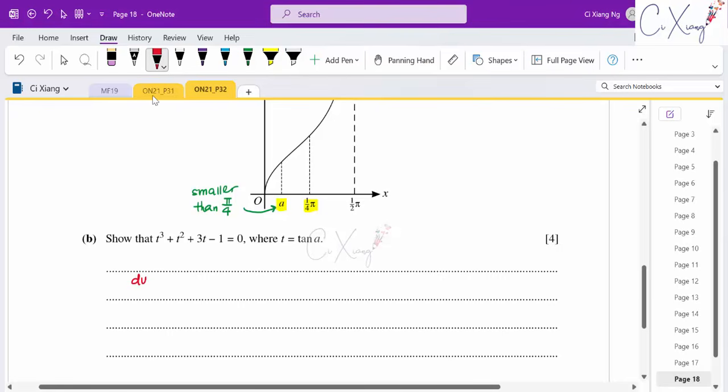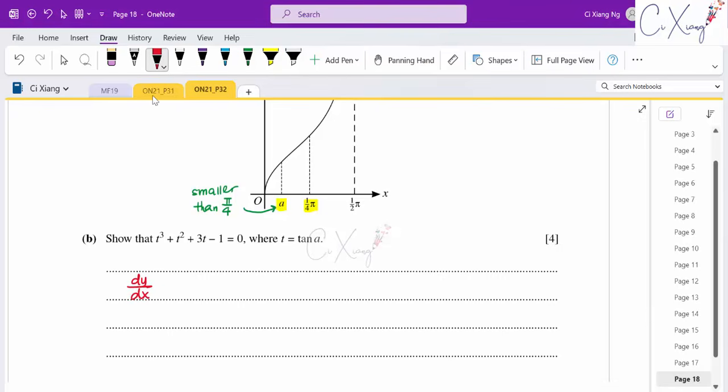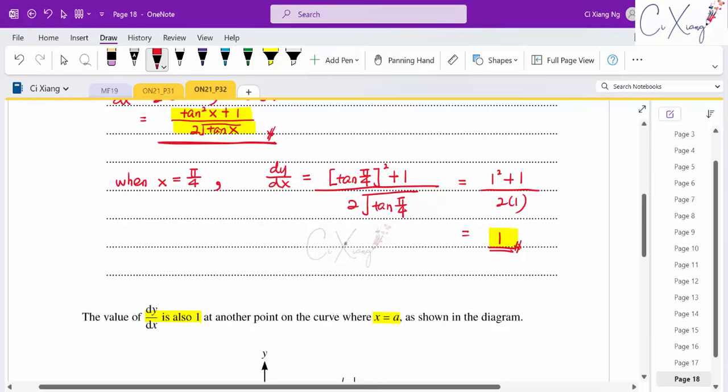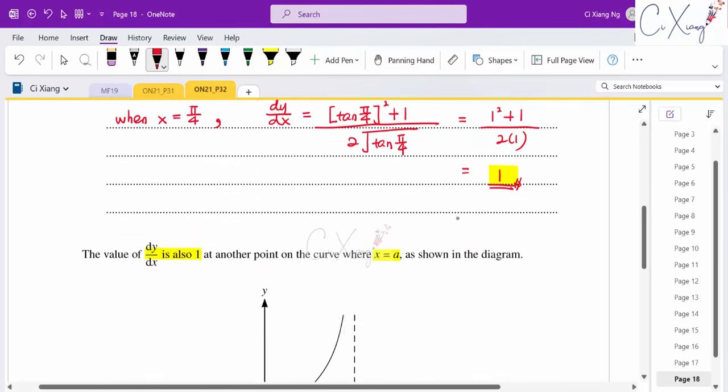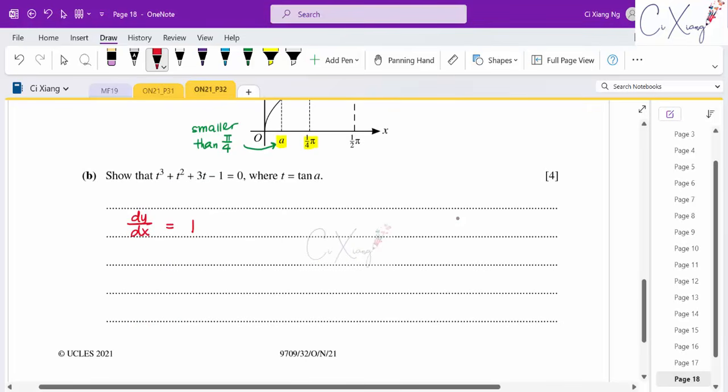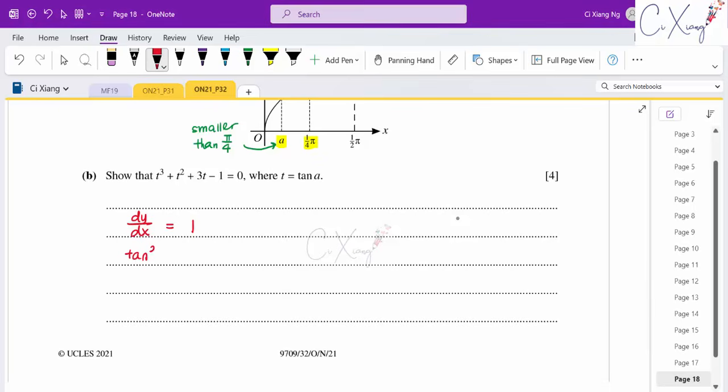So I'm having dy dx equals 1. And what's my dy dx just now? dy dx just now is tangent squared x plus 1 divided by 2 square root tangent x. So I'll put in here tangent squared x plus 1 divided by 2 square root tangent x, and it equals 1.